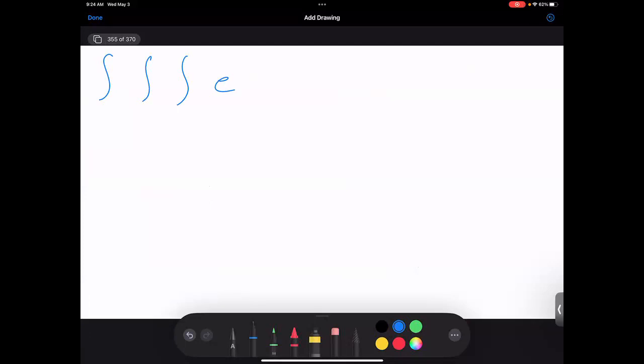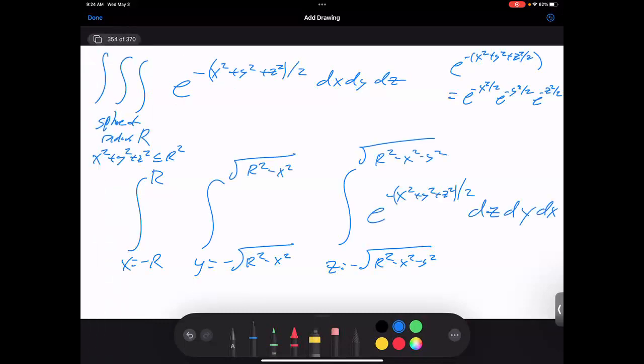What is x squared plus y squared plus z squared in spherical coordinates? So in spherical coordinates, what would x squared plus y squared plus z squared equal?